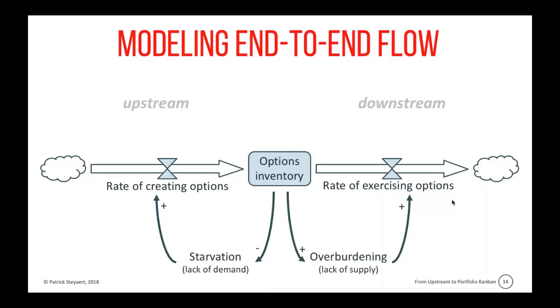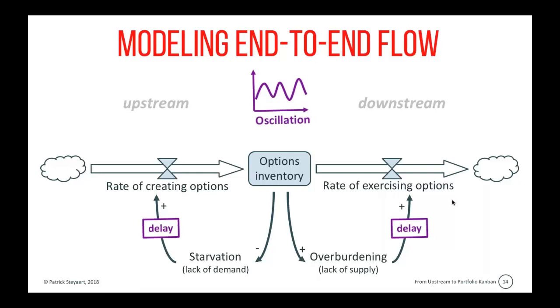When we have too many options, there's a danger of overburdening. There might be a lack of supply, so maybe we start looking at ways of increasing the rate of exercising the options, or on the other hand, decreasing the rate of creating new options. The big difference with flow at the work level is that, as I told you in the previous slide, there is delay.